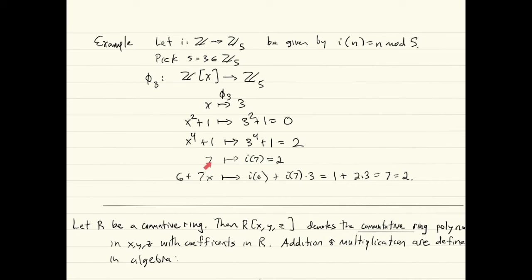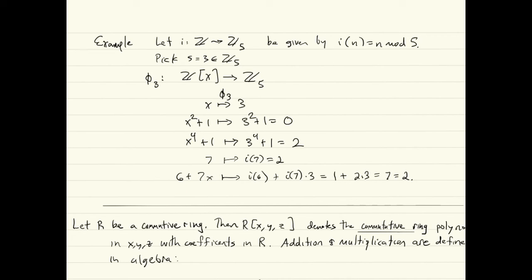So what about things that don't involve x, like 7? Well, another property of this homomorphism phi sub 3 is that it extends the given homomorphism i. So 7 belongs originally in Z, and i sends 7 to 7 mod 5, which is 2, and so that's what I've written here. This phi sub 3 will send 7 to 2.